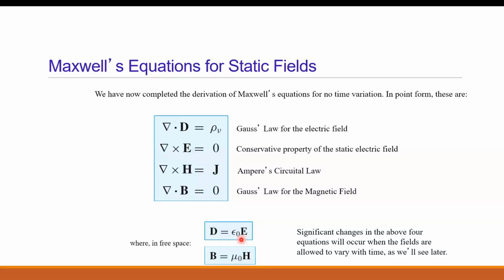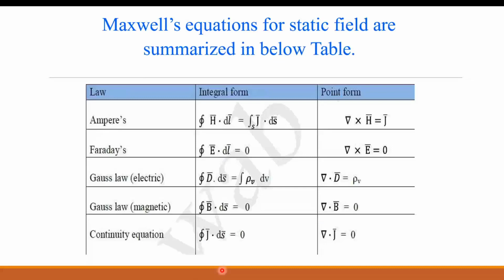So once again, let us review all the equations. You can write these equations directly in your book right now. First equation is from Ampere's law, or you can consider any one equation. Ampere's law, H dl is equal to J ds, that is the integral form.